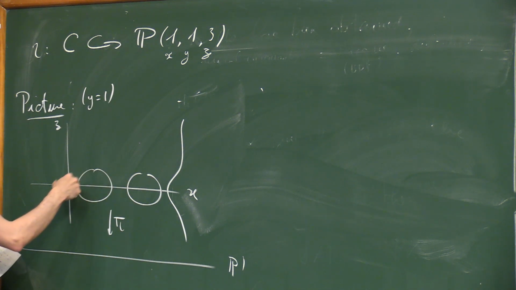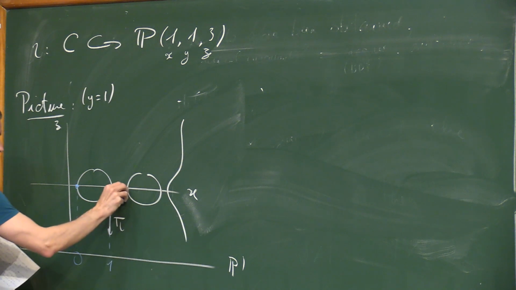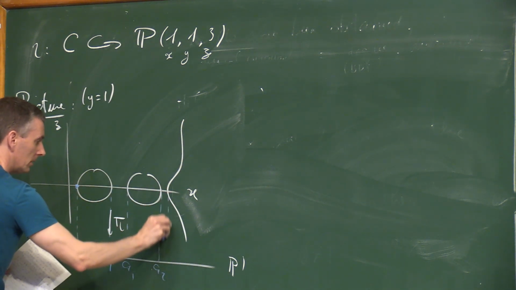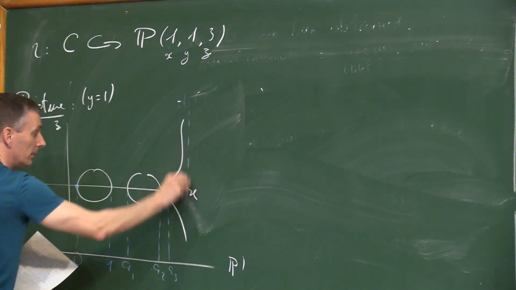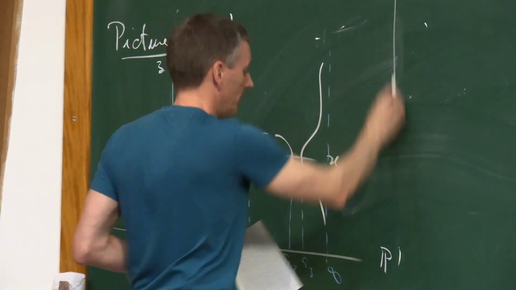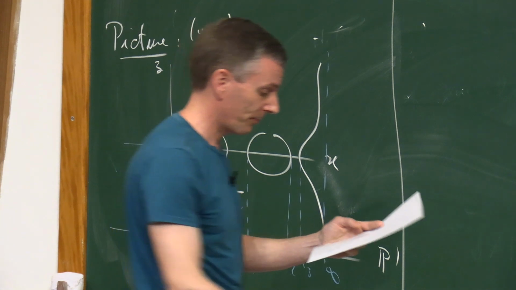So we have these 6 Weierstrass points: 0, 1, A1, A2, A3, and here infinity. Okay, it's better to take a model with 1 point at infinity. It works better for this construction.